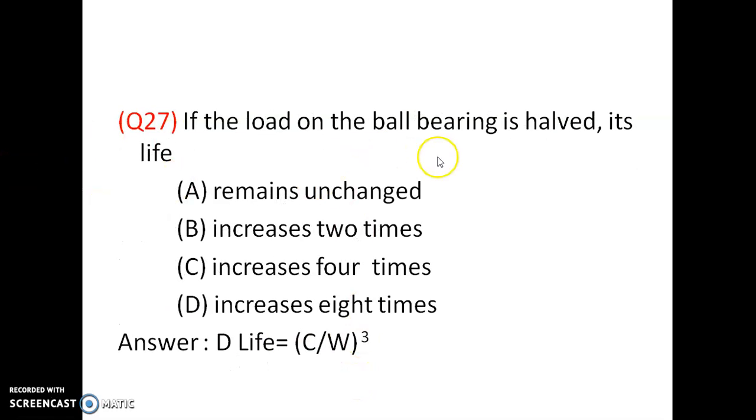Next question, if the load on the ball bearing is halved, its life: life equal to C by W power cube. Load is halved, so W becomes W by 2, so the 2 comes to the numerator. 2 cube is 8, so life increases 8 times. So option D is correct.